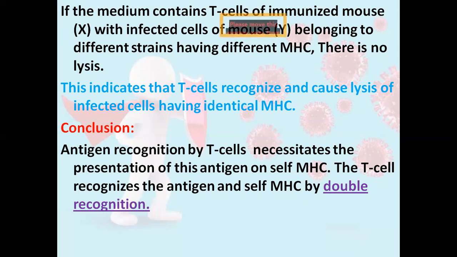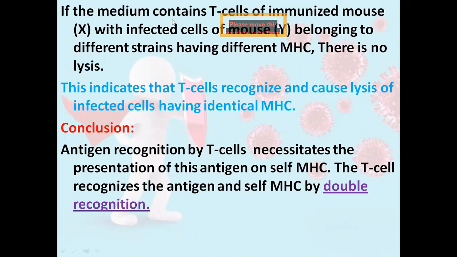So here the conclusion: the antigen recognition by the T cells necessitates the presentation of the antigen by self MHC. I must first have self HLA or self MHC. If not, this process won't occur.